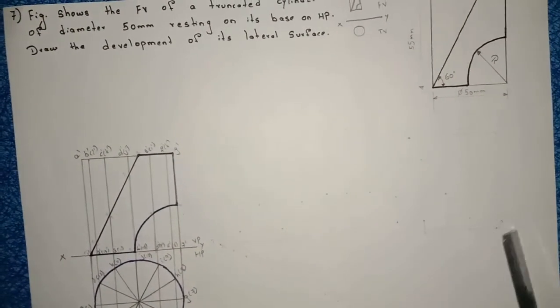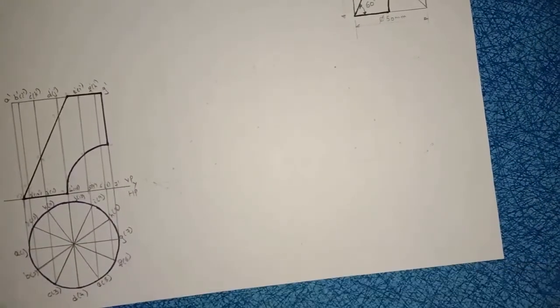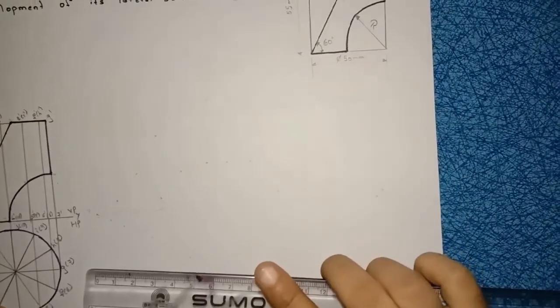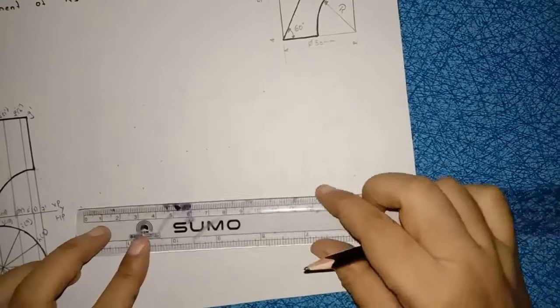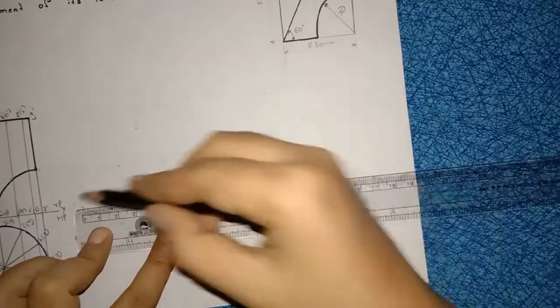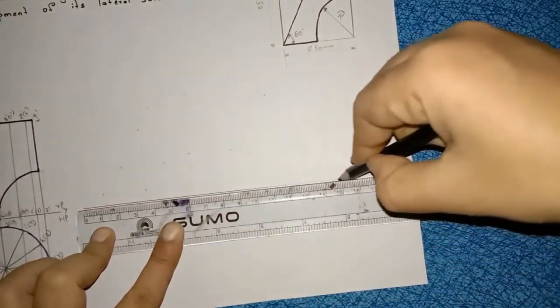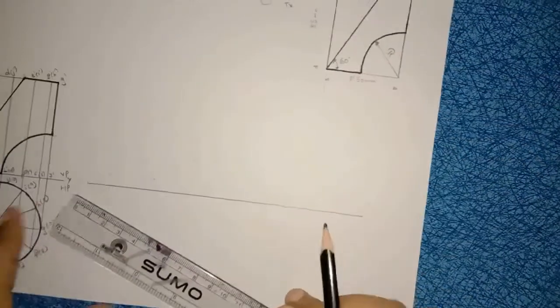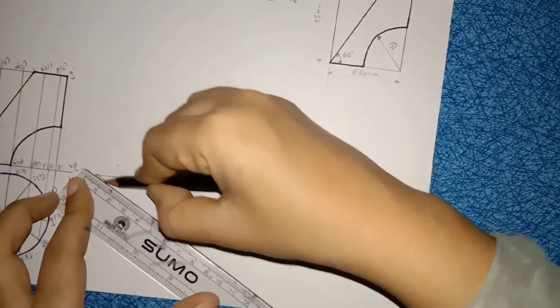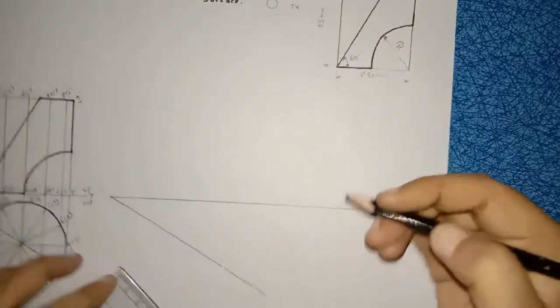Right, now you should construct the development of this one. How will we construct the development of this one? First of all, here we are constructing a circle. Right, now we should draw a straight line which is equal to the circumference of the circle, 2 pi r. Draw a straight line. Right, here we are dividing this circle into 12 equal parts. Now divide this straight line also into 12 equal parts.